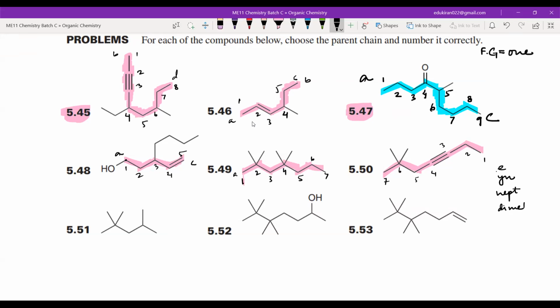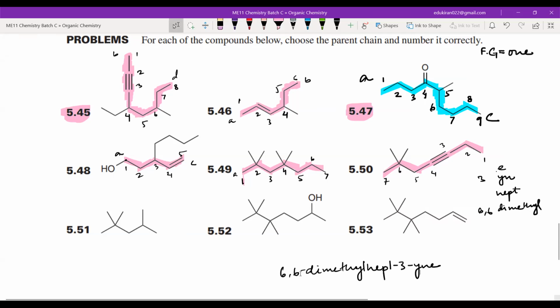Yes, sir. Dimethyl. Now, if I want to give the numbers to all of them, so this will be 6, 6. Parent does not get any number. Ion is 3, and E is E. So this is 6,6-dimethylhept-3-yne. Correct? Yes or no? I have written it rightly now.